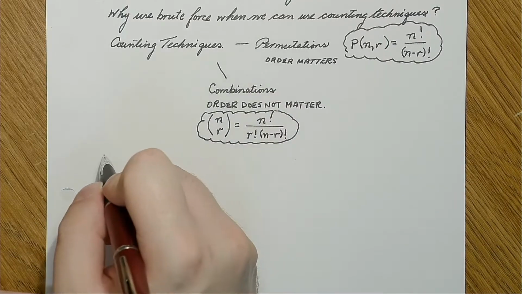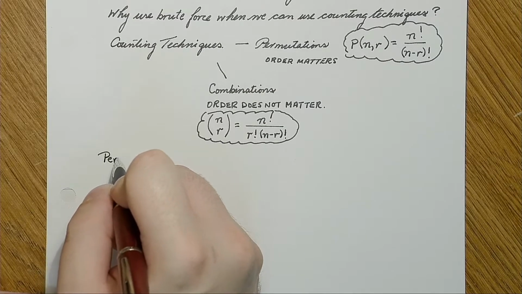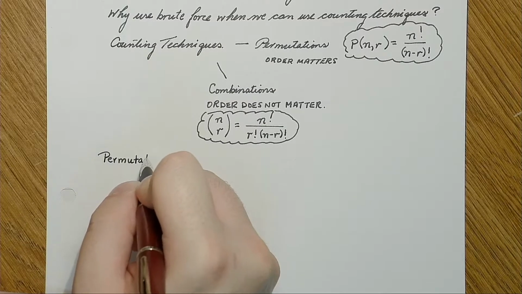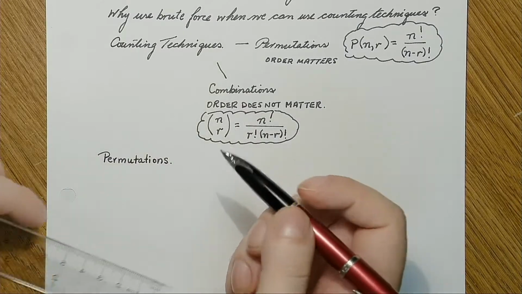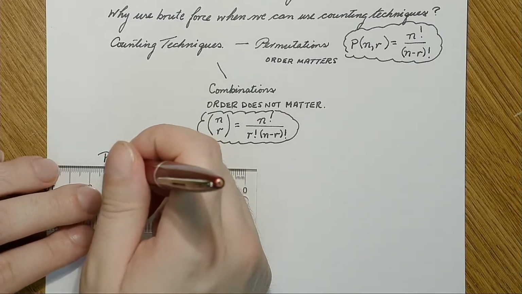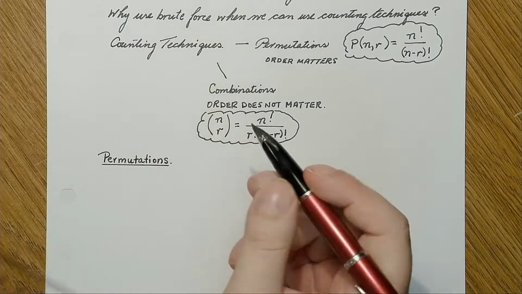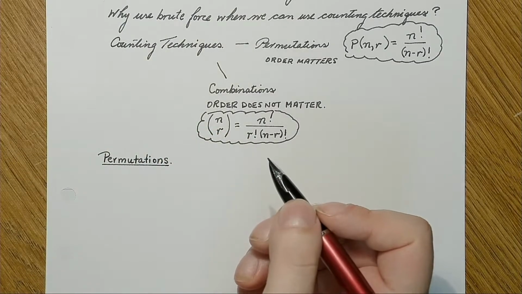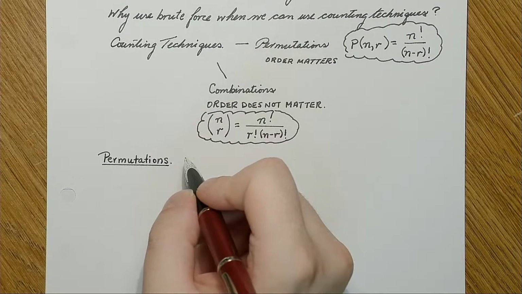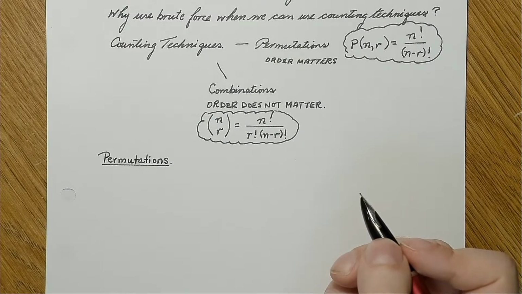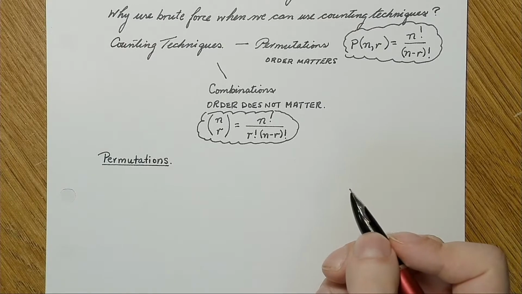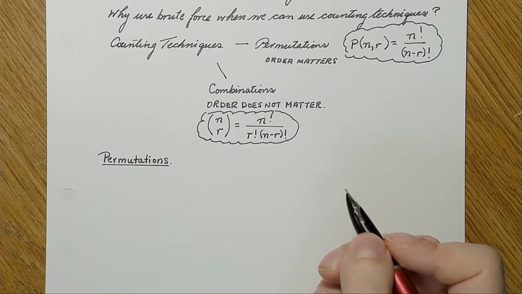So let's start off with permutations. I think the example that I use in the textbook is about a monkey sitting at a typewriter, and the monkey is going to start to hit random keys.